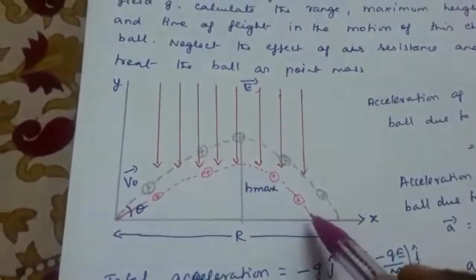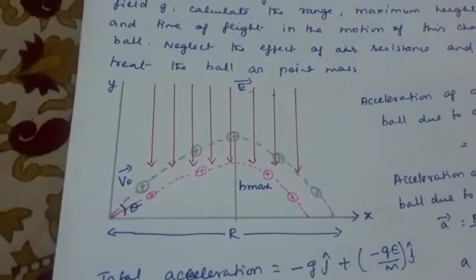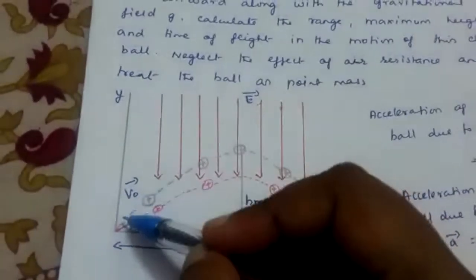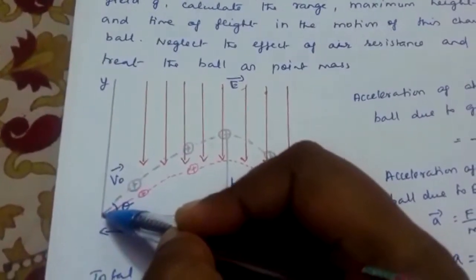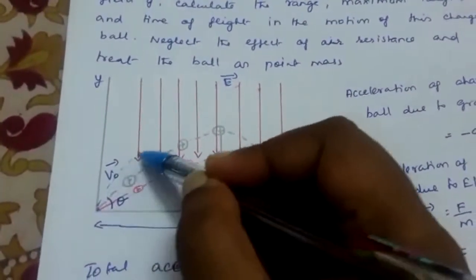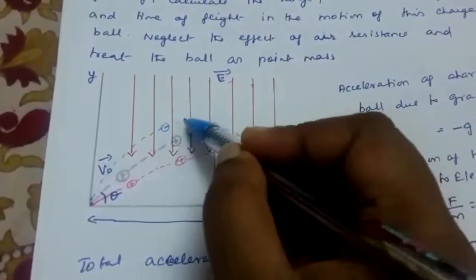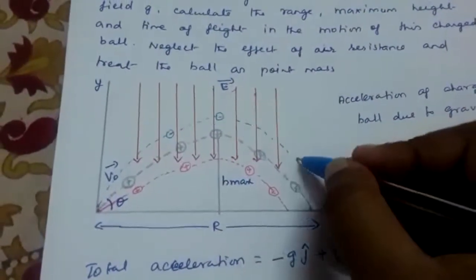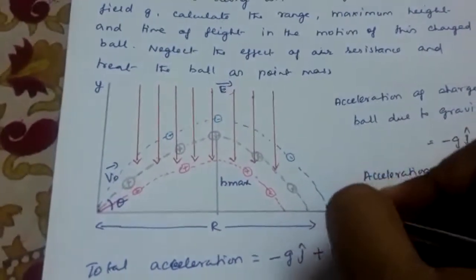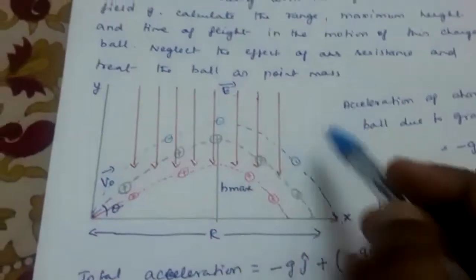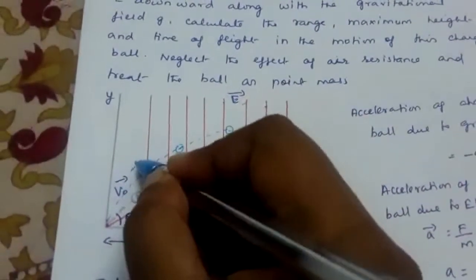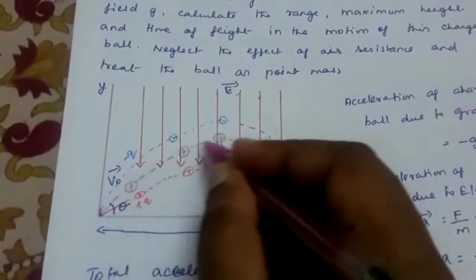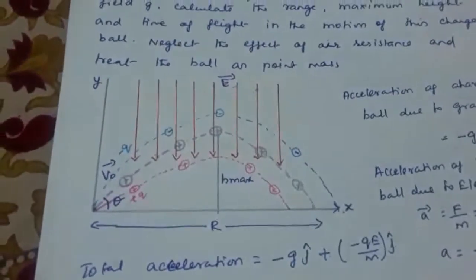Now for charge minus q, everything is increasing. So this is for charge minus q, this is for charge plus q, and this is for the original one. This is how the diagram varies.